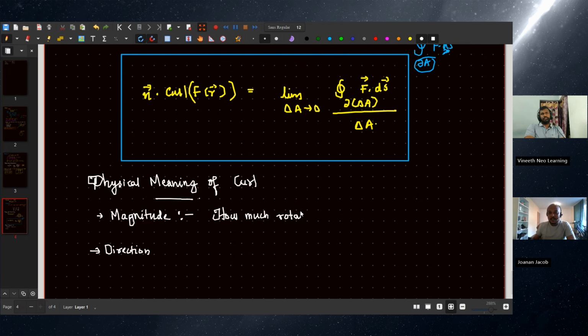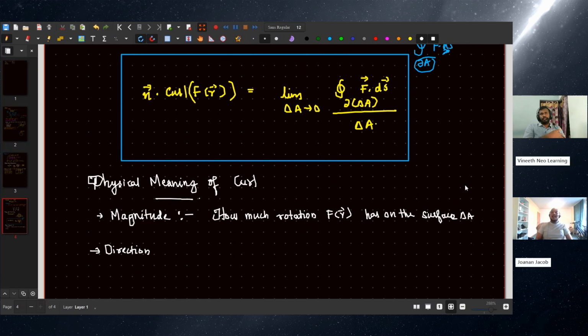rotation the vector field f of r has on the surface. Okay, that's what I'm asking, because that rotation effect has to come from somewhere, right? Is that effect due to that cross product?